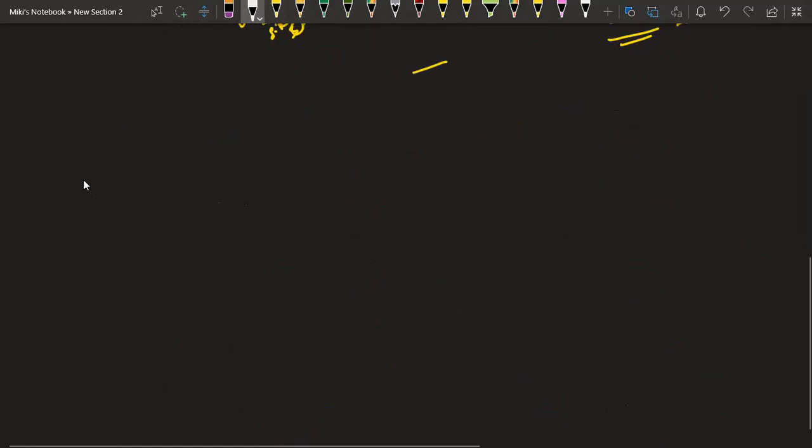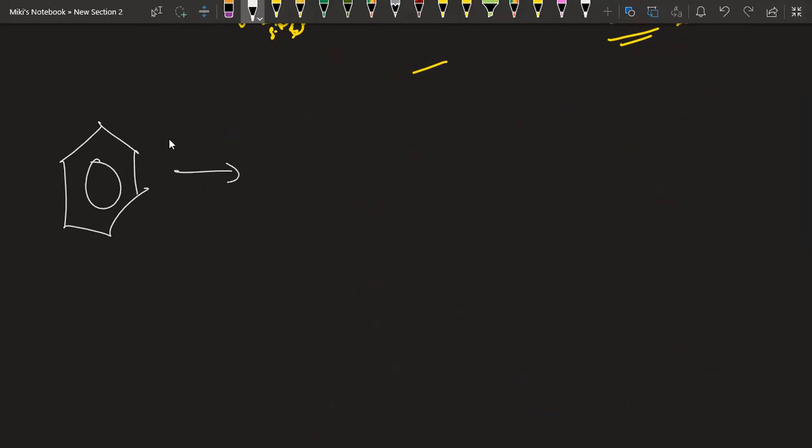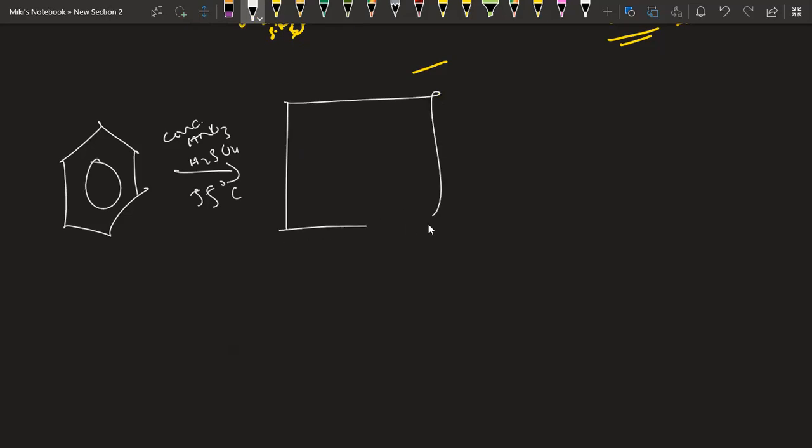Let's say we have been given this molecule. Is anything given here? No, there's nothing given. So direct benzene is given. We are adding here, let's say, concentrated HNO3, H2SO4, 55 degrees centigrade. We should get a product here.